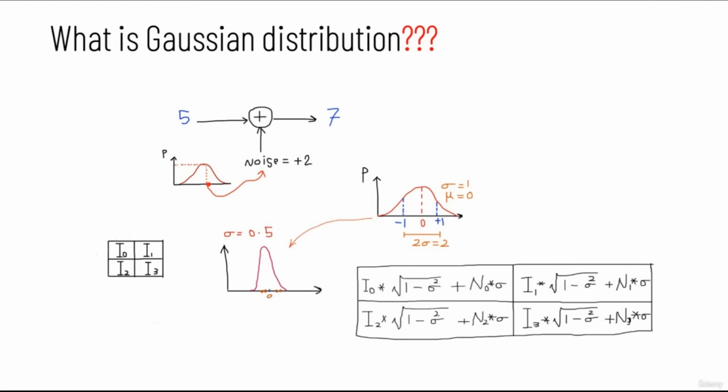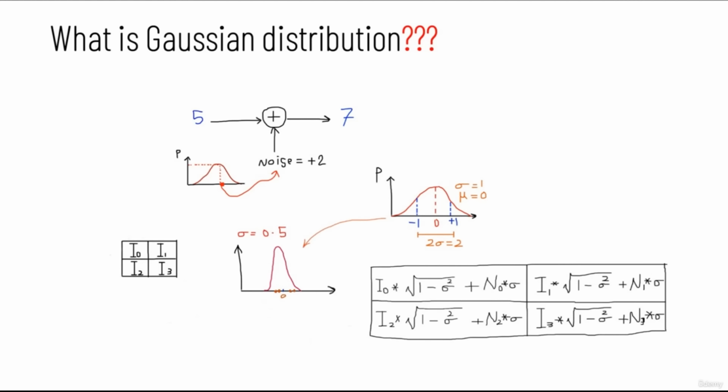Now you should know that there is a special case of Gaussian distribution, which is the standard Gaussian distribution, or we call it the normal distribution. In this distribution, the standard deviation will be equal to 1, while the mean equals 0. Firstly, let's talk about this standard deviation. This thing here will control the width of our Gaussian distribution.